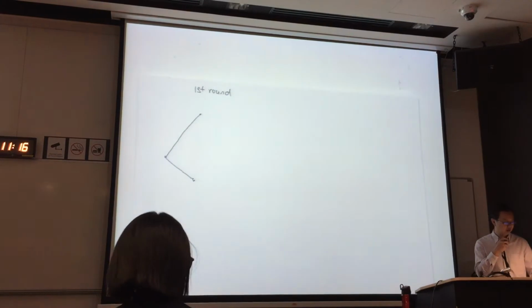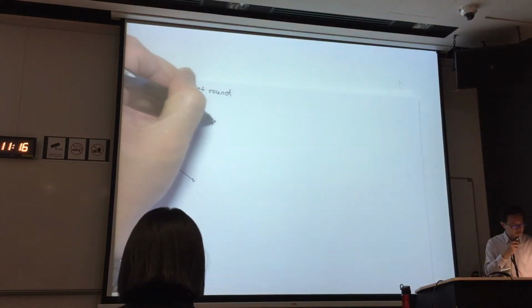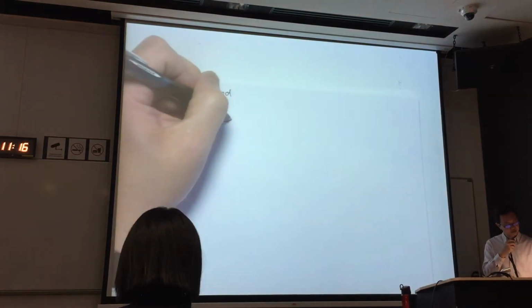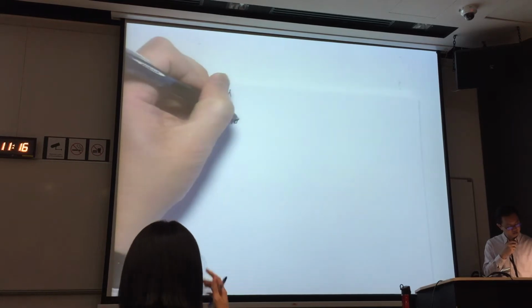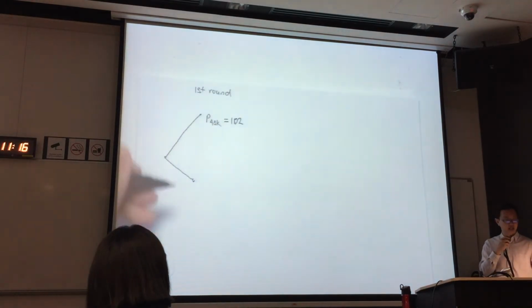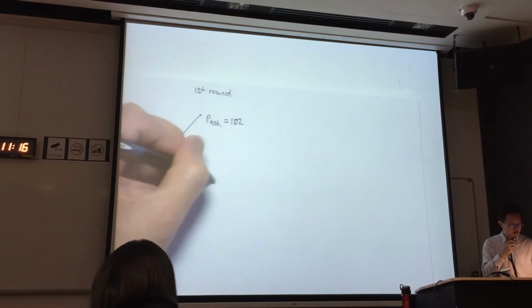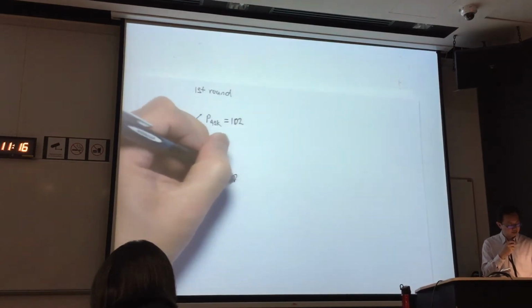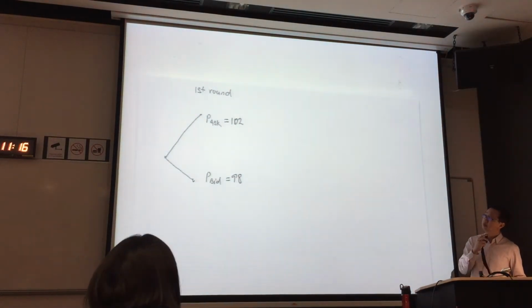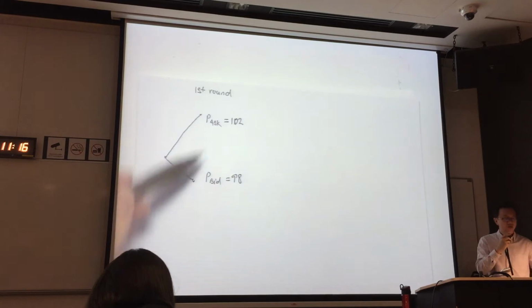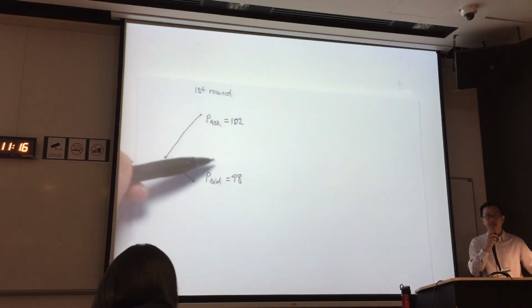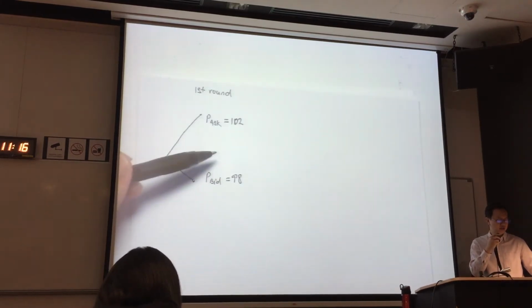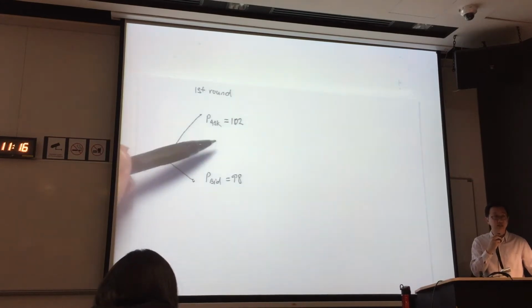First round, the ask price is set at 102, and the bid price is set at 98. So we will not know what will be the actual execution by the insiders, right?